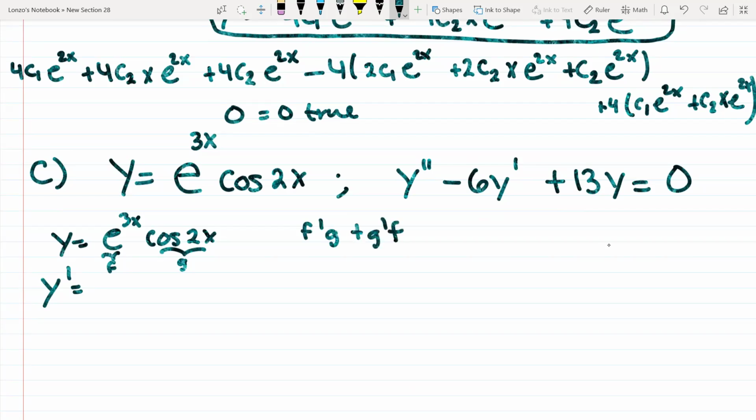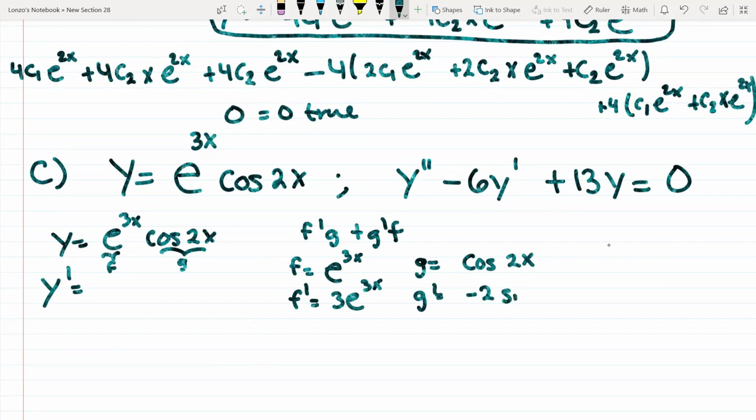So f is e to the 3x, f prime is 3e to the 3x, g is cosine of 2x, and g prime is -2 sin of 2x, right? You just apply the chain rule.